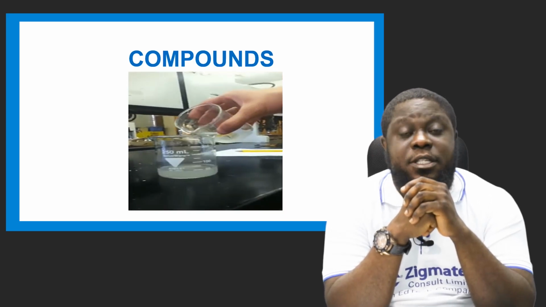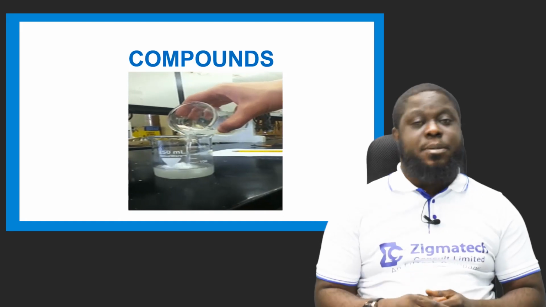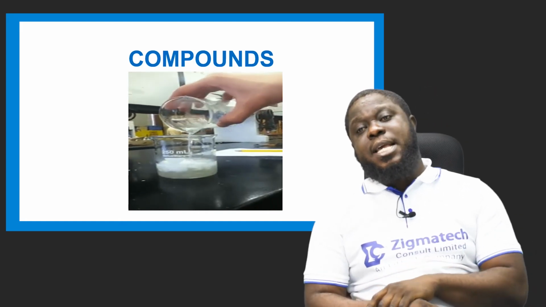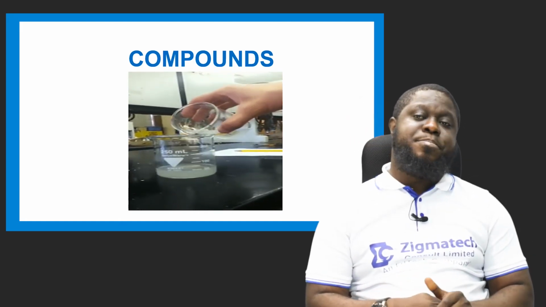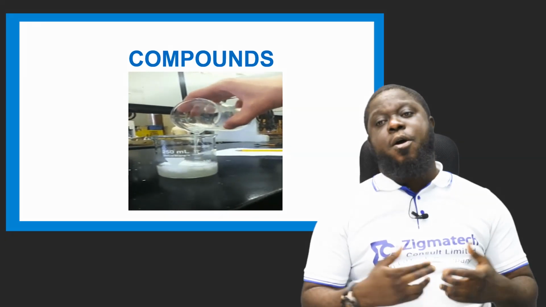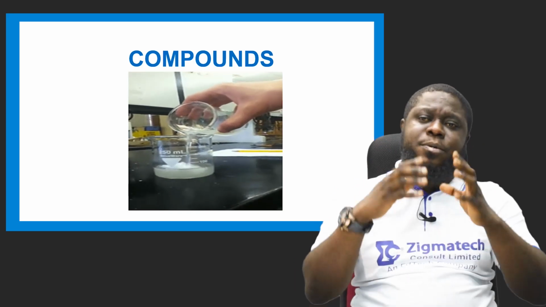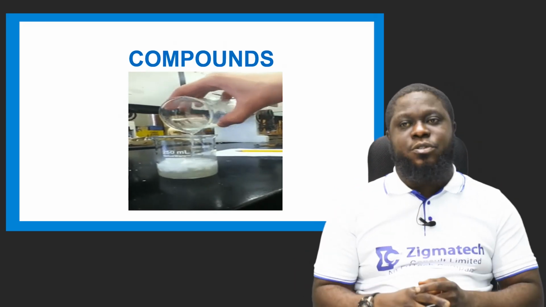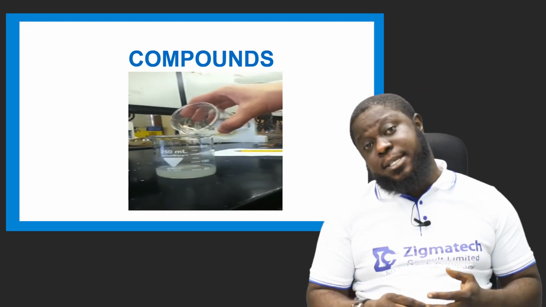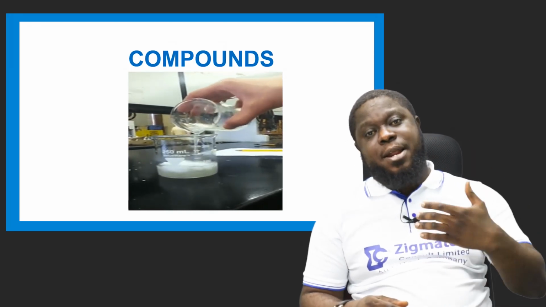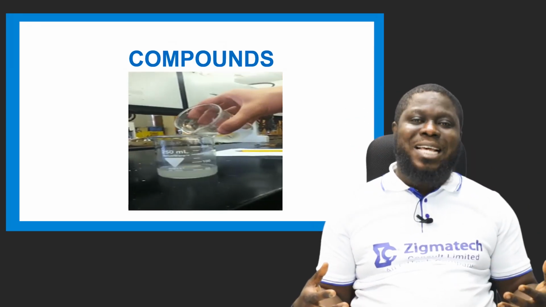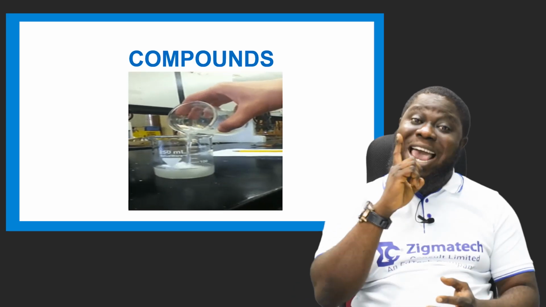Not all chemical changes. It's just that a chemical change is not reversible. So when you see a chemical change, it does not mean that it must form a compound. Compounds are basically formed through chemical reactions, because compounds are basically a combination of elements alone.